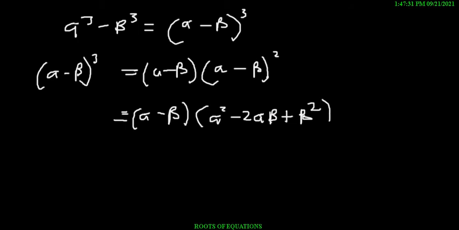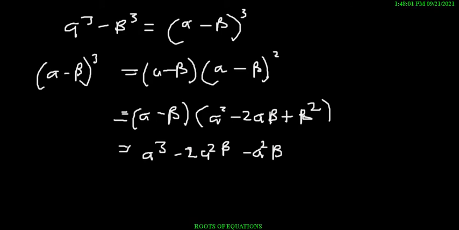So we multiply, so expand it. Alpha times alpha squared is alpha cubed. Alpha times negative 2 alpha beta is negative 2 alpha squared beta, and negative beta times alpha squared is negative alpha squared beta.